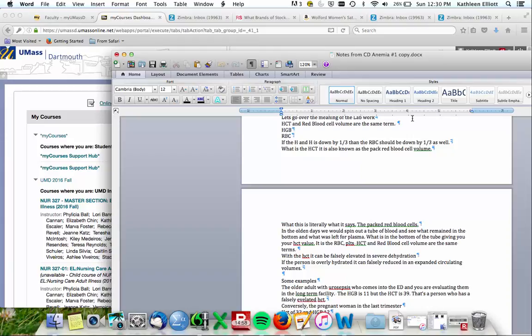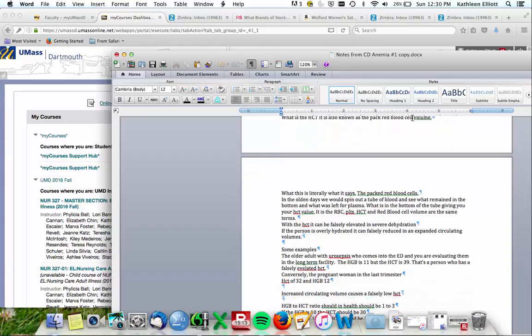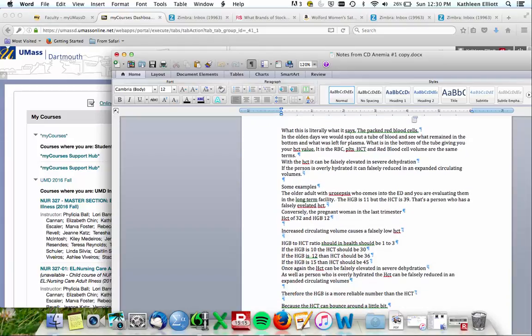The hematocrit can be falsely elevated in severe dehydration. Also, if the person is overly hydrated, it can be falsely reduced with expanded circulating volume. Some examples of this: the older adult with urosepsis who comes into the ED from a long-term facility, and you are evaluating them.